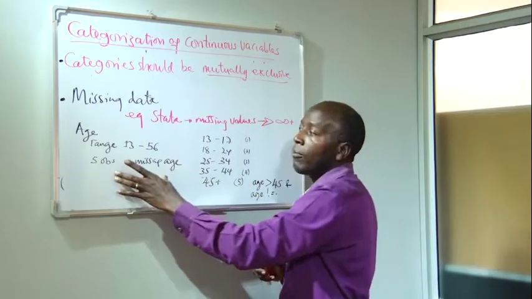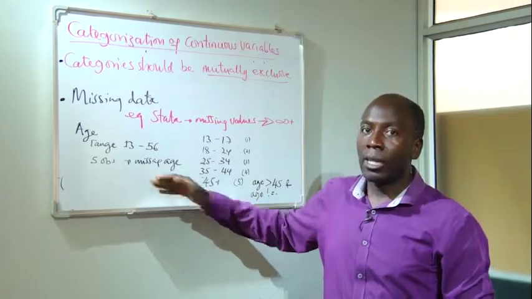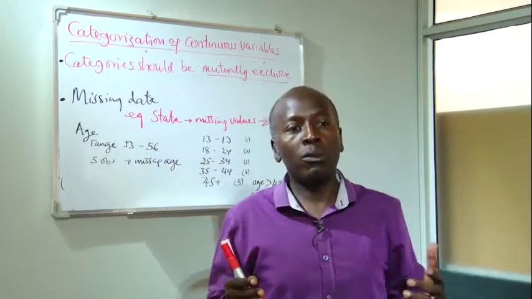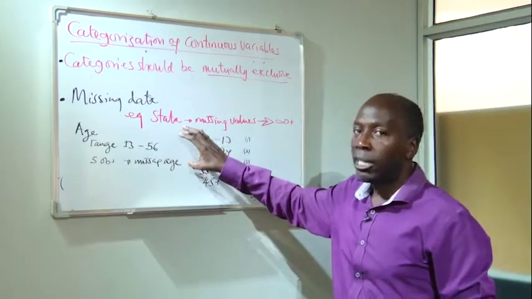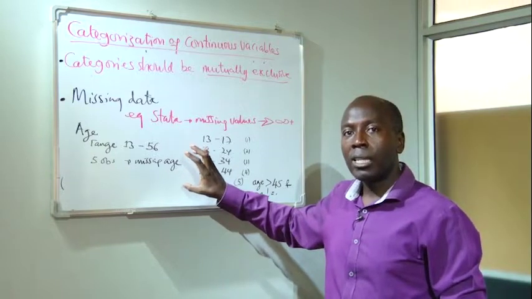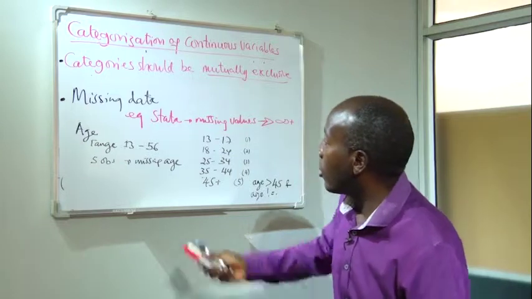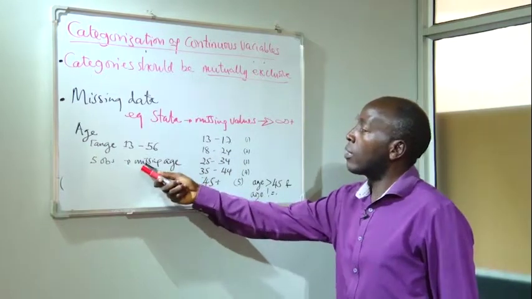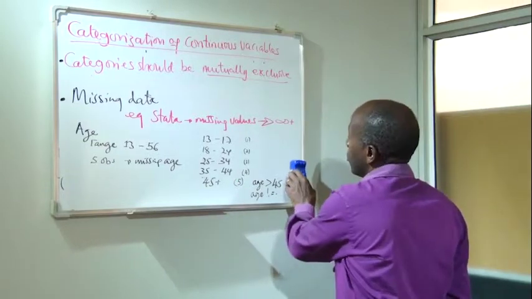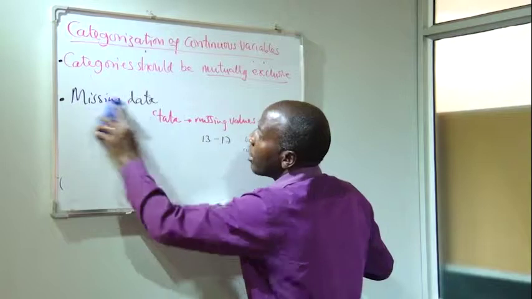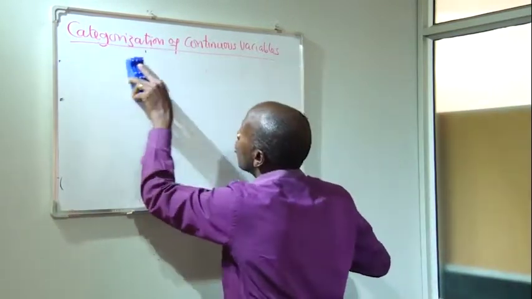That way, we would have avoided the missing. And depending on your proficiency with Stata, instead of using the generate and replace commands, you can use the recode command. The recode command helps eliminate this problem of including the missing values as upper values. So those are things one has to pay attention to.